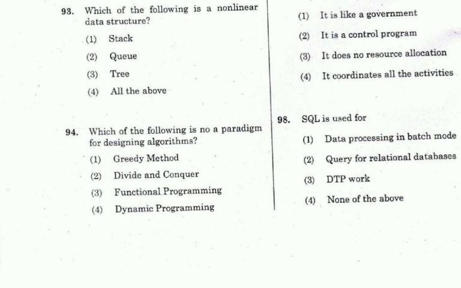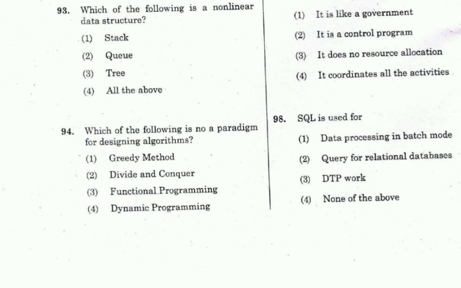Which of the following is a paradigm for designing algorithms? Greedy method, divide and conquer, and dynamic programming are common algorithm design paradigms, and functional programming is a programming paradigm, not an algorithmic design technique. So option 3, that is functional programming, is the correct answer.